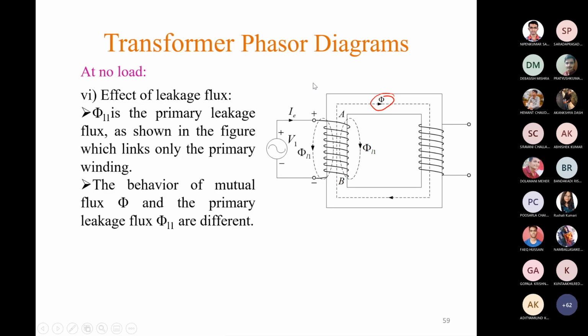The second difference is that the path of the mutual flux is within the core only, but for the leakage flux phi L1, some portion is through the core and the maximum portion is through the air, isn't it?